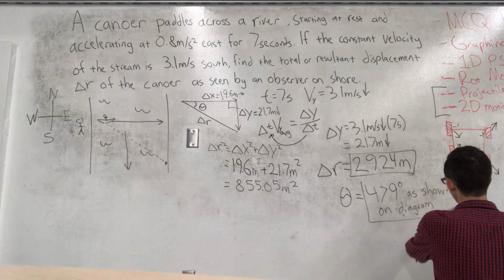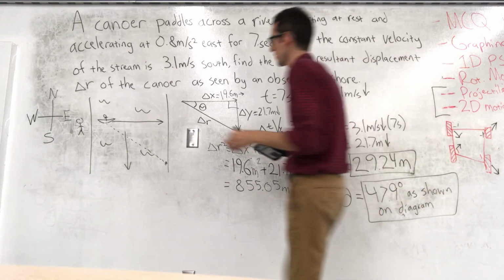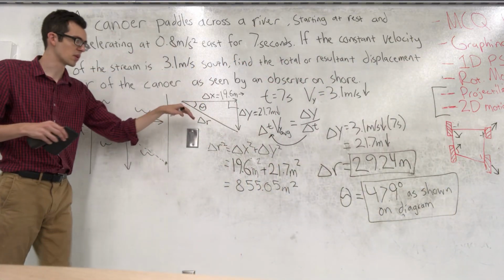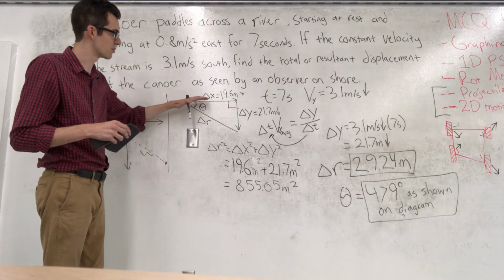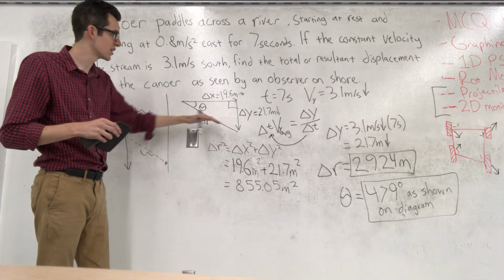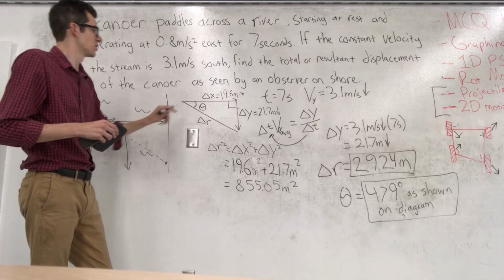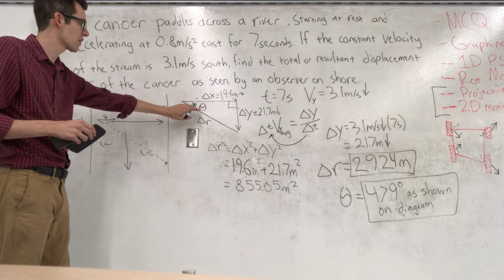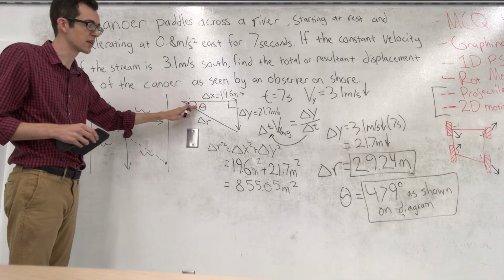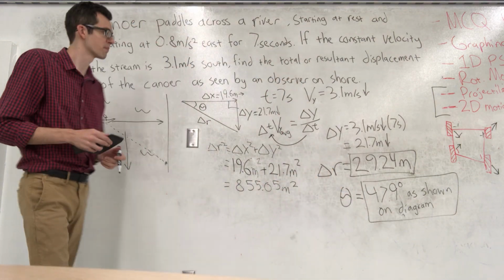The reason I put this little phrase in here is just to clarify. If I didn't tell you that it was as shown on my diagram, we wouldn't really know. Is it below this x-axis, above it? Is it from the y-axis? So this establishes which angle we're talking about and where it is. So as you make a diagram on your problem, draw the angle on there. When you report your answer, refer to it as shown on your diagram.